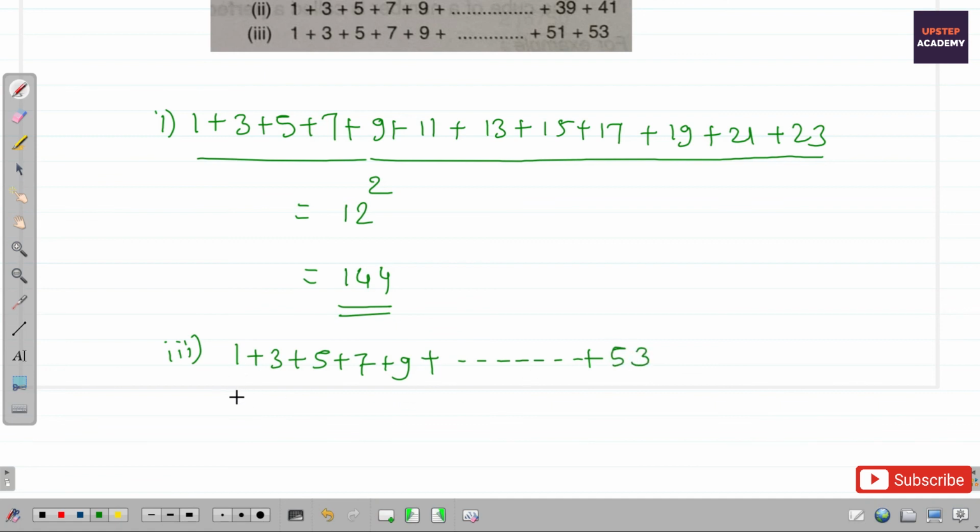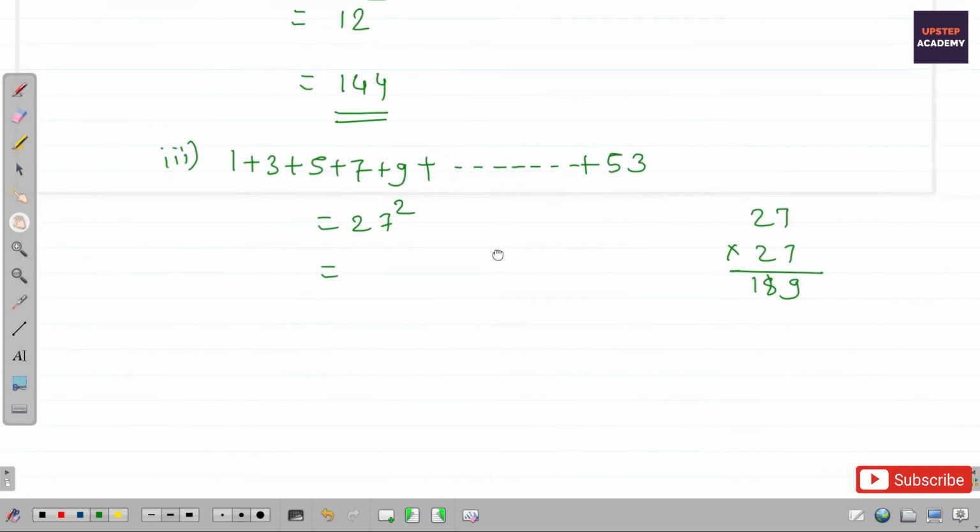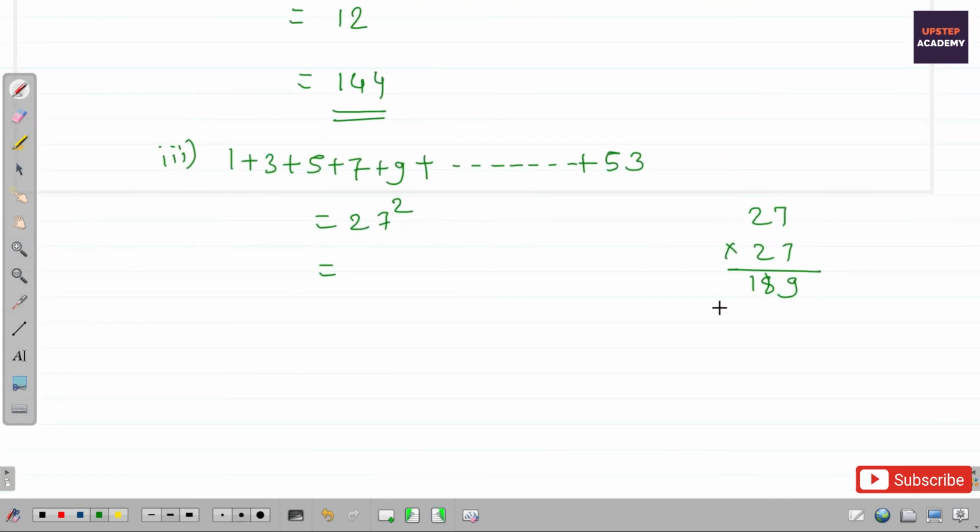You can see the count of numbers here is 27. So the sum of all these numbers will be 27 square, and if we calculate 27 square, it gives 729.